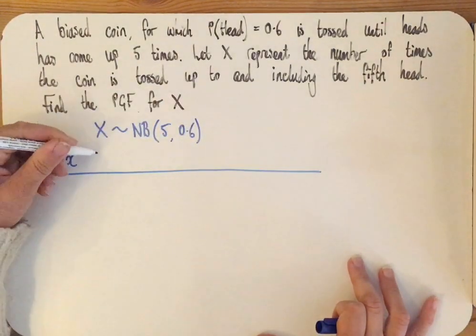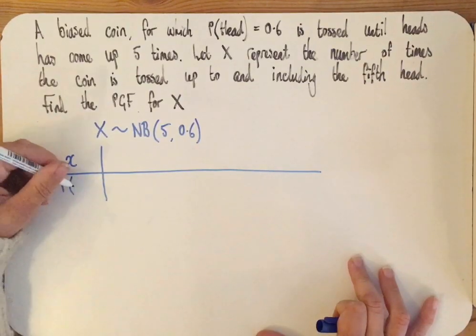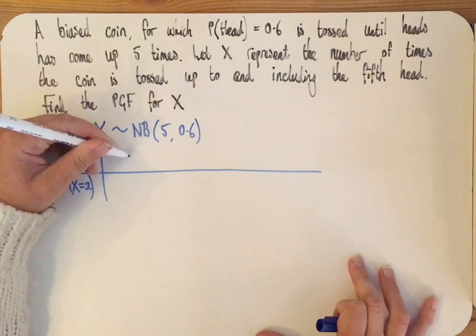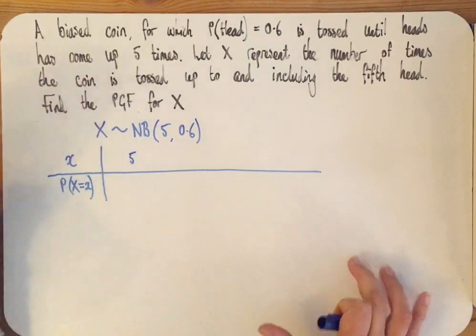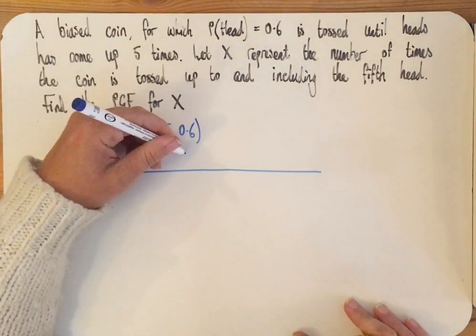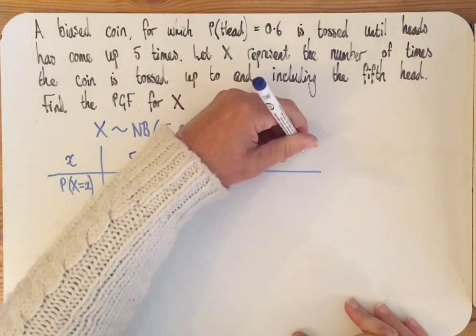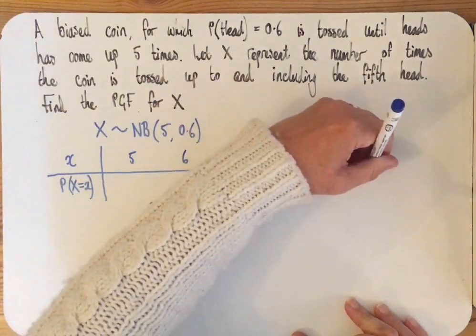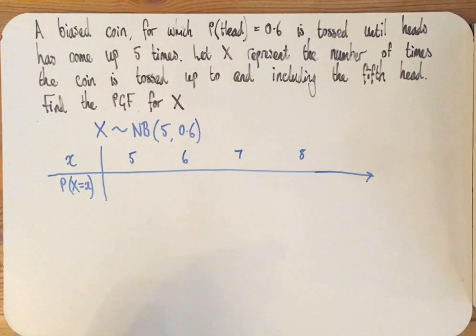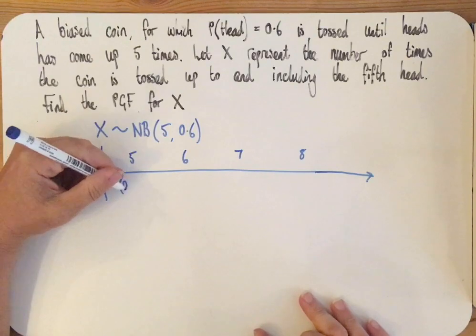So probability distribution for x. And that will start on 5. So then you'll have your 5th success on your 5th trial. And then keep going. Again, it's an infinite distribution. Don't really feel like I need to go past there. And so the probability you get your 5th success on your 5th trial will be 0.6 to the power 5.